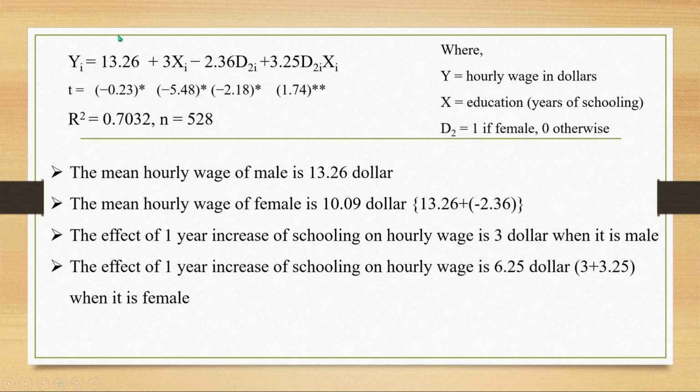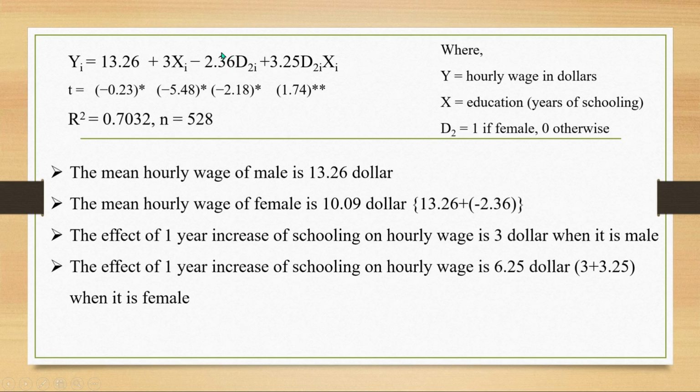First of all, as I said earlier, the intercept term will represent the mean value of the base category. Here the dummy variable base category is male, so alpha will represent the mean hourly wage of male. So the mean hourly wage of male is $13.26. Then to find the mean hourly wage for female, we need to add the intercept coefficient value with the dummy variable coefficient value.